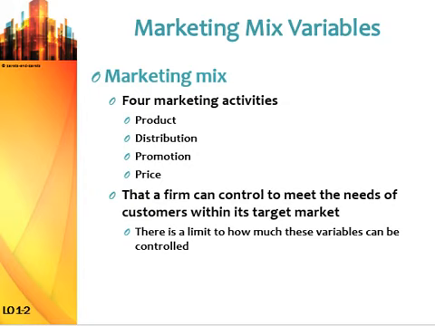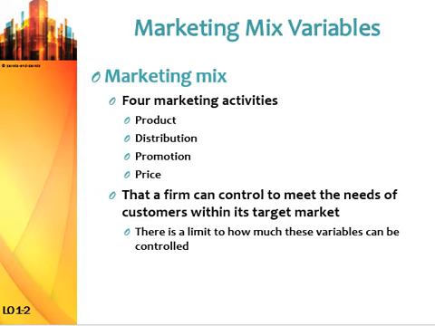Therefore we talk about the 4 Ps: product, place, which is here replaced with distribution, promotion, and price. These are tactical aspects of marketing. Marketers every day monitor these 4 Ps and make decisions related to them.